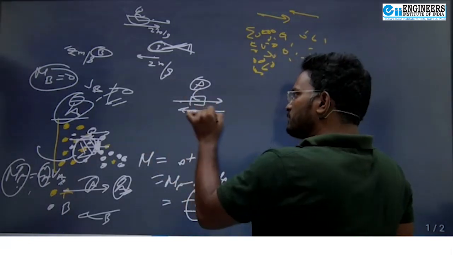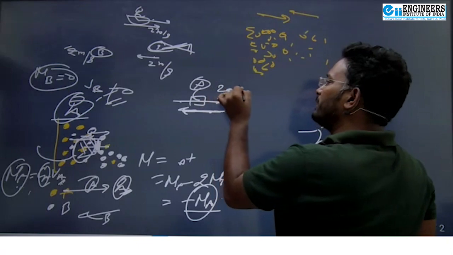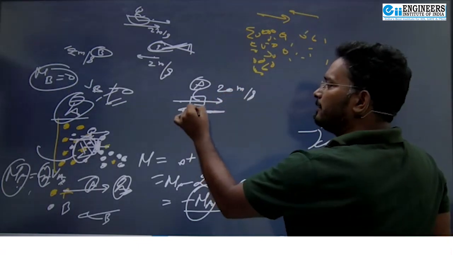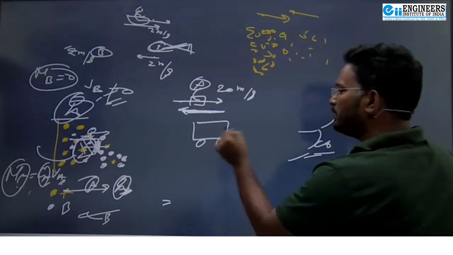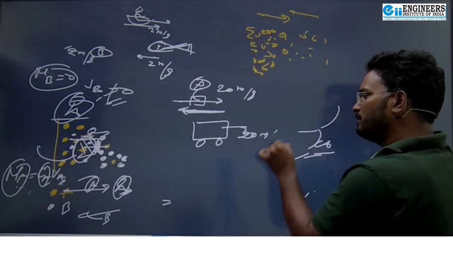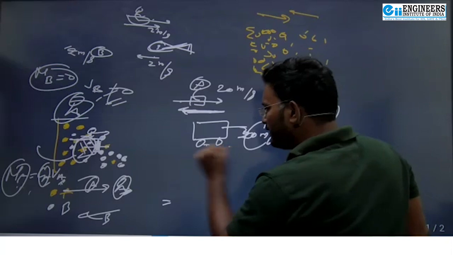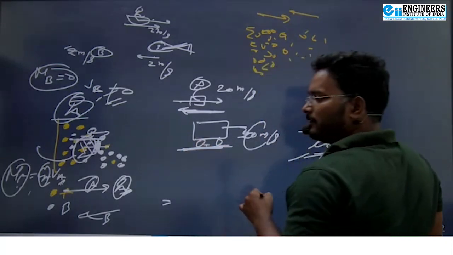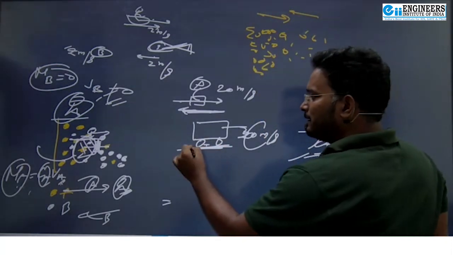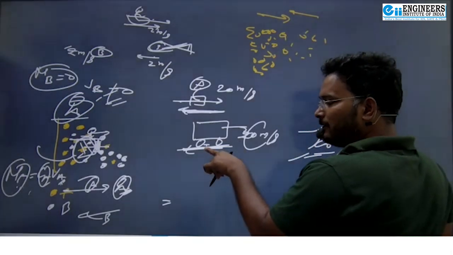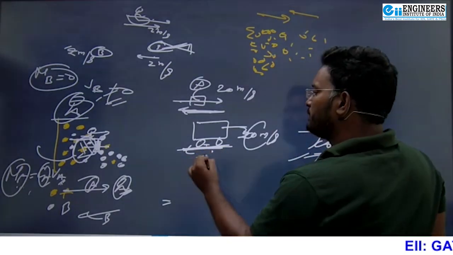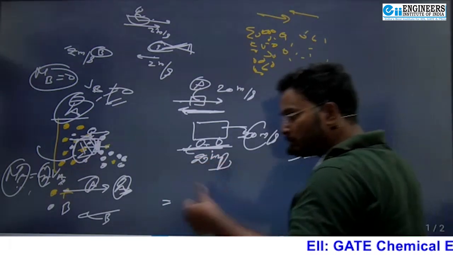The railway line is also moving with the same speed of 20 meter per second, and the train, the wagon, is moving with 20 meter per second. Now the railway line is also moving with 20 meter per second in the opposite direction. What happened? Both are moving now.